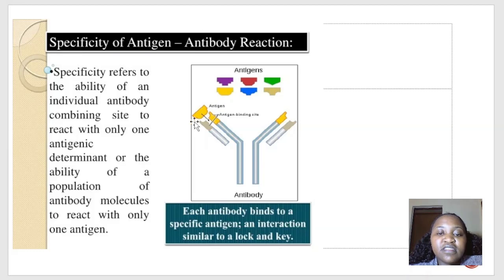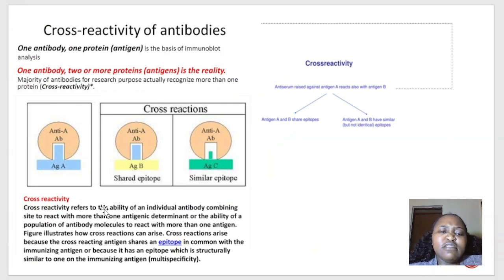If you have several, the purple, red, green, yellow, blue and orange, this particular antigen binding site will only bind to one, like the yellow one, and not the rest, even if they are sharing shape. That is very important so that each antibody binds to a specific antigen.